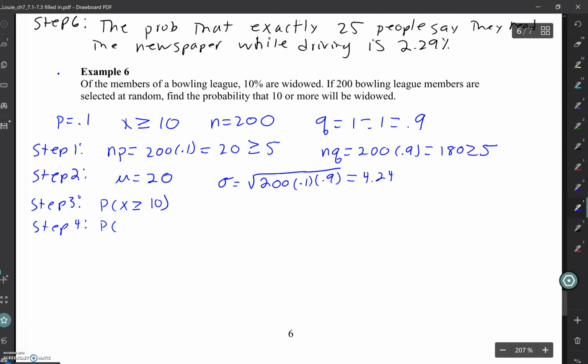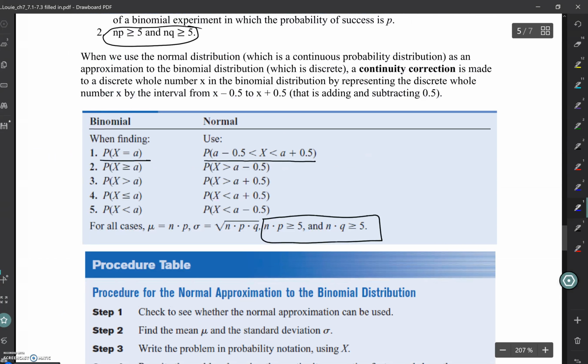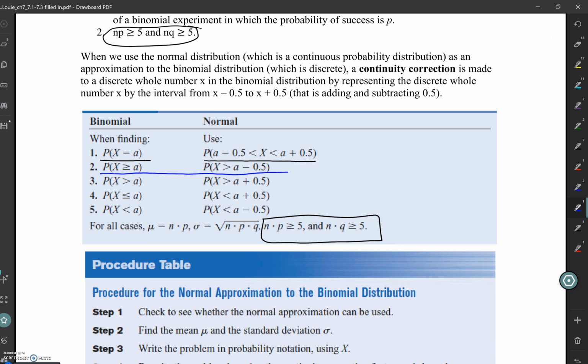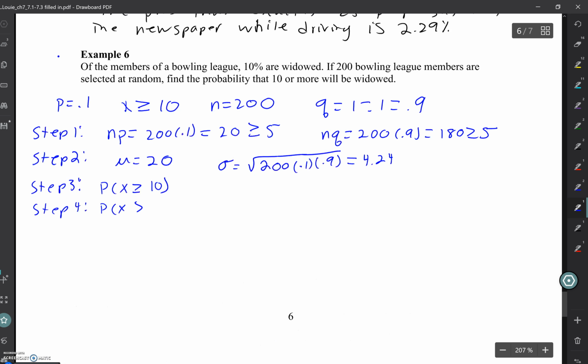So we'll go back to our table and say when x is greater than or equal to 10, where's my greater than or equal to? Number 2. So it says to take what I have and subtract 0.5 from it. So x is greater than 10 minus 0.5. So we're going to find the probability that x is greater than 9.5.